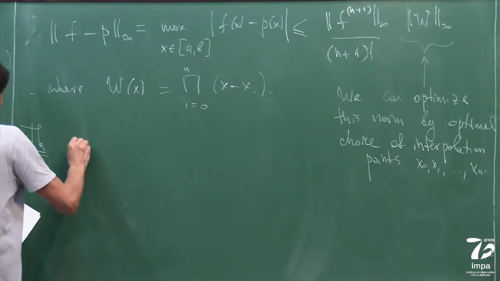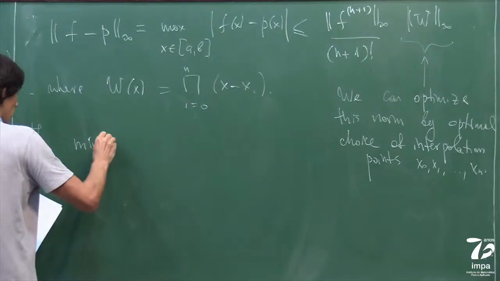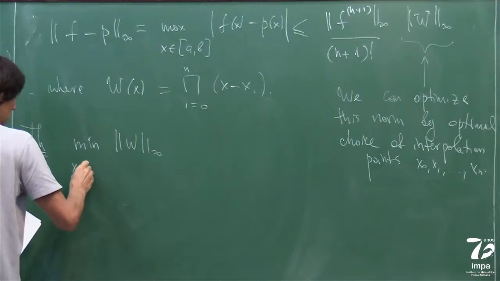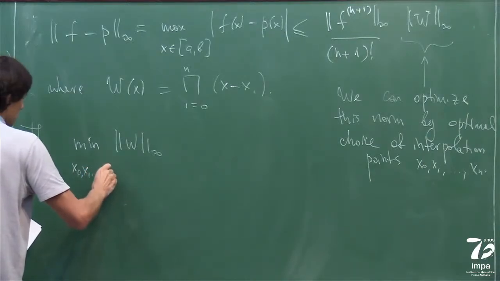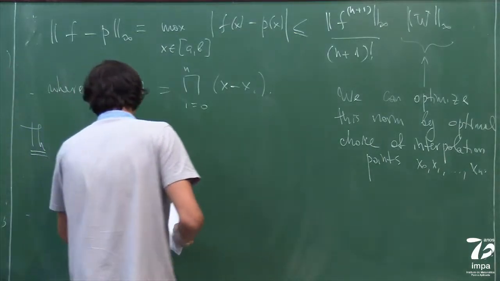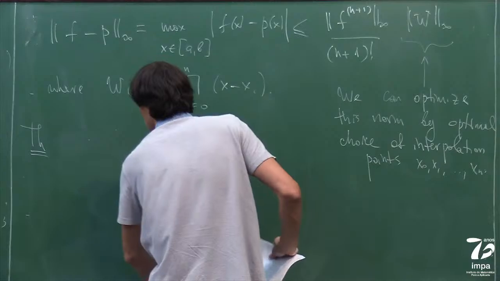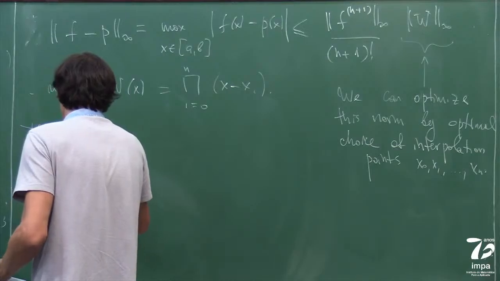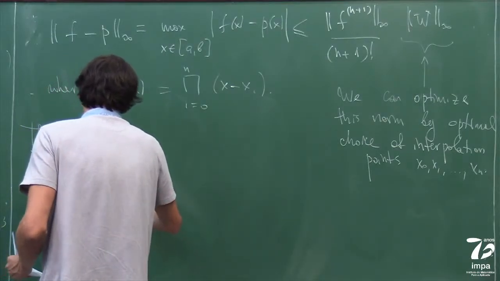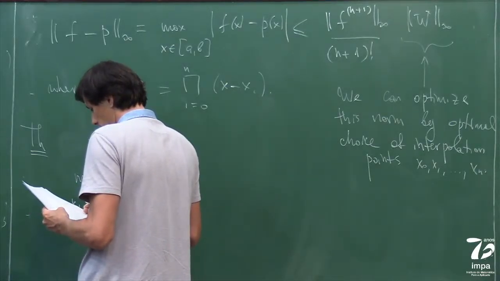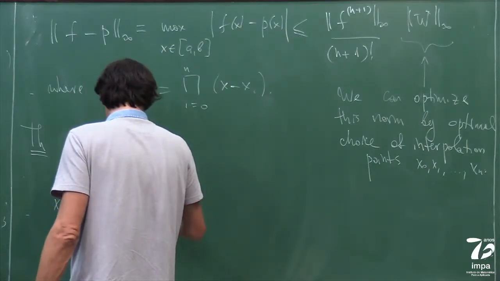I will just formulate it and then we do it next time. So the minimum of the norm, where the minimum is over all points from the interval, and let's consider the interval from minus 1 to 1, I guess.